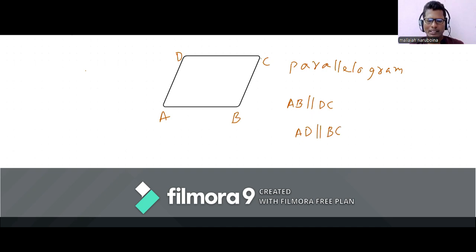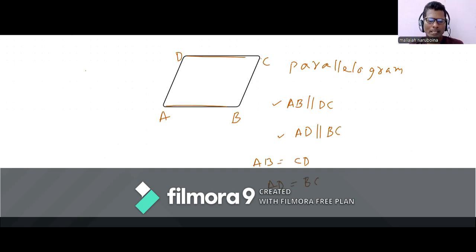The lengths of parallel sides are equal. That means length of AB is equal to length of CD, and length of AD is equal to length of BC.